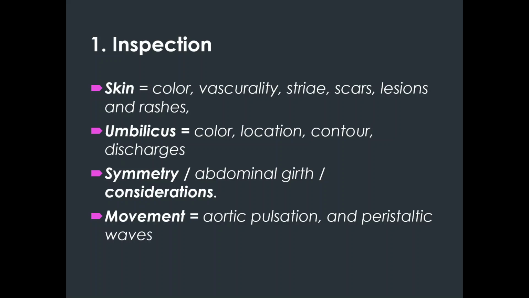Then assess for symmetry in abdominal girth. By the way, you have to take notes when you do this. And then also check for movement: aortic pulsation and peristaltic waves.